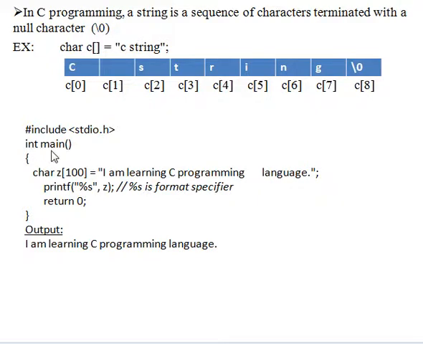Program execution starts with the main function, and here char z of 100. z is the array name, size is 100, so this array can store a total of 100 elements, all of character data type. This is the array declaration.